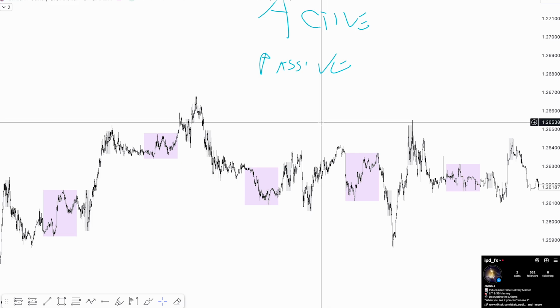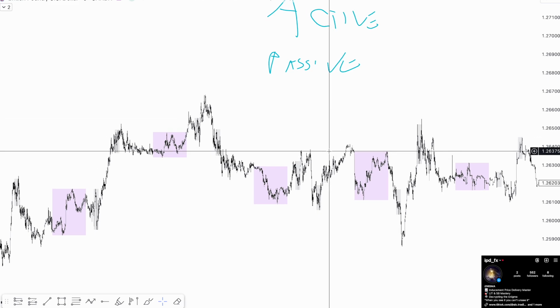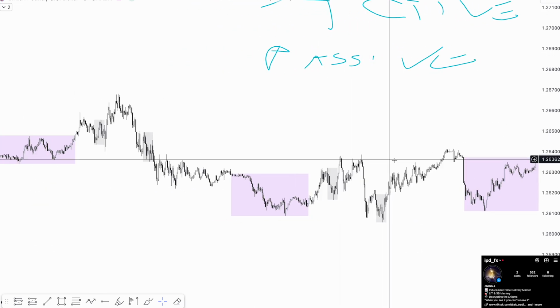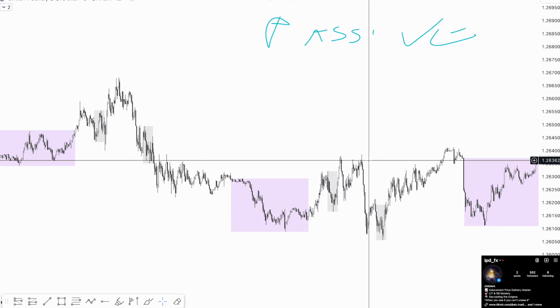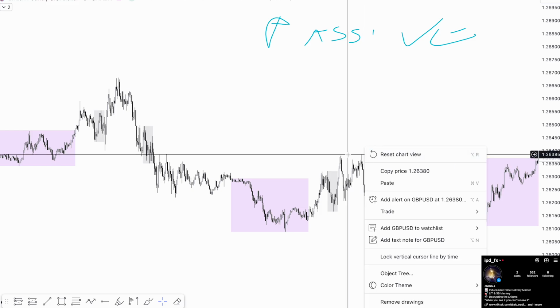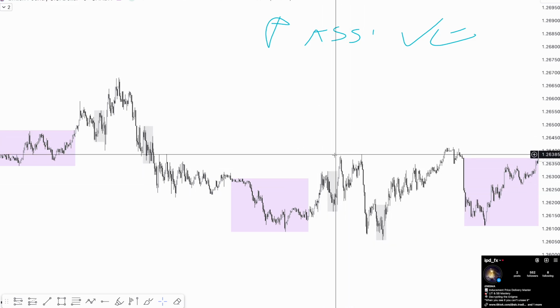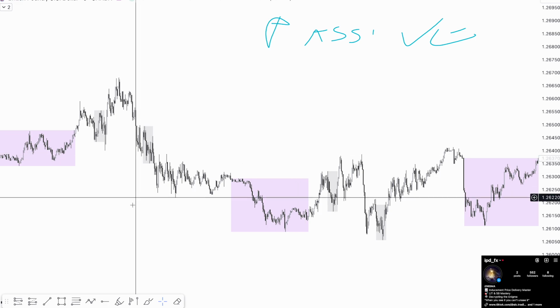Now let's understand a bit better with a small example, so that you can go into more detail about where all these orders are, the passive, the active, the limit orders. That's what you need to find out in the market.